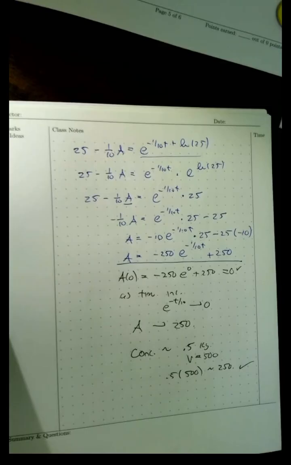So let's explore. The first thing: what's happening to the volume? Well, the rate of change of the volume is the rate of the volume in minus the rate out. So I've got 50 liters coming in and 50 liters going out.